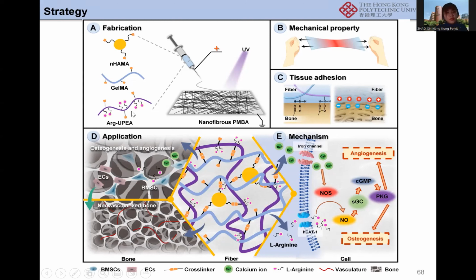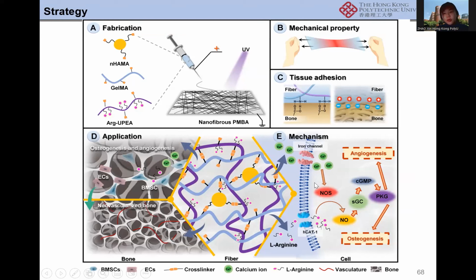And also we use the C=C modified arginine. First of all, the arginine is positively charged, so it can have electrostatic interaction with the tissue, so it can increase the tissue adhesion. And also when these materials degrade, they are going to release the calcium and also the arginine. What is the function of the calcium?